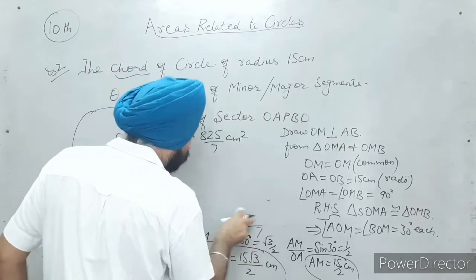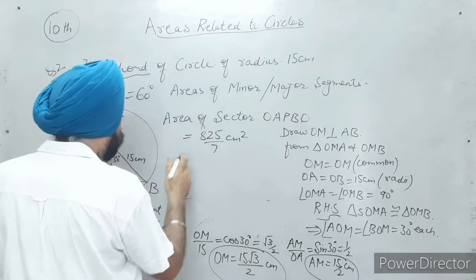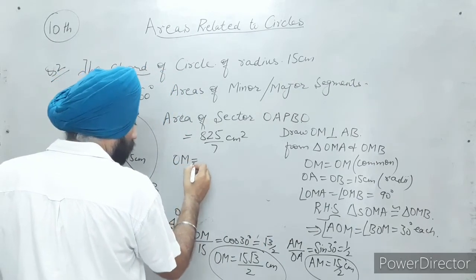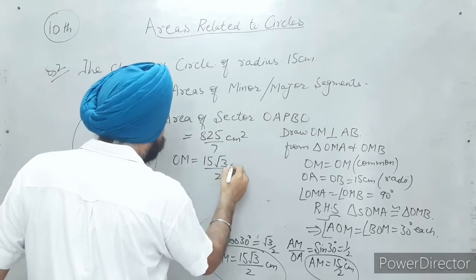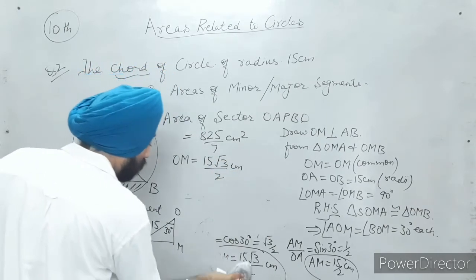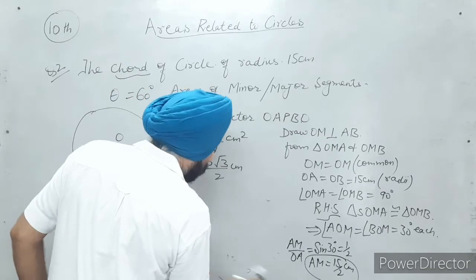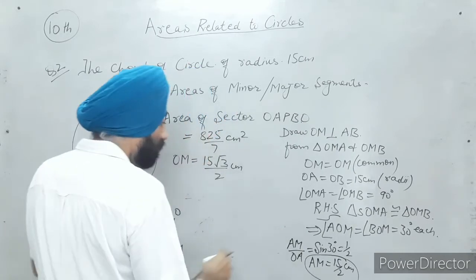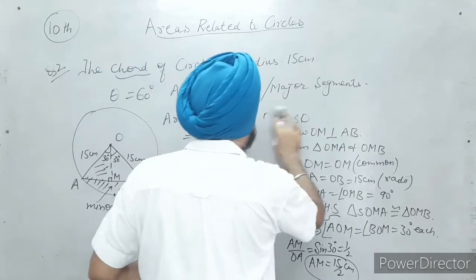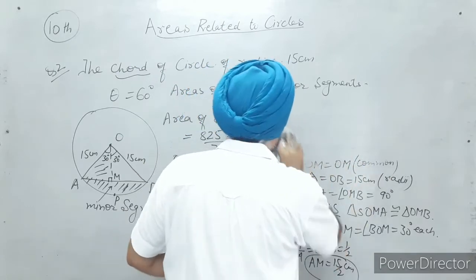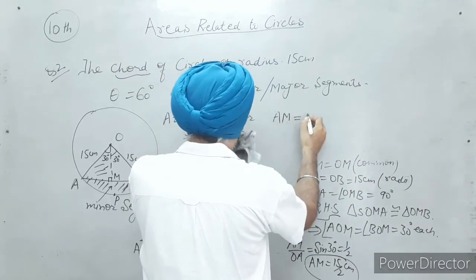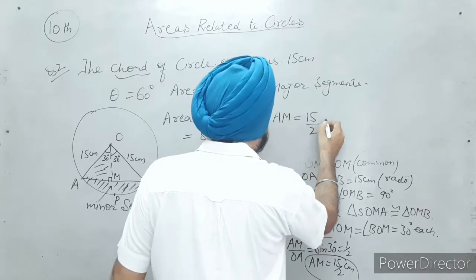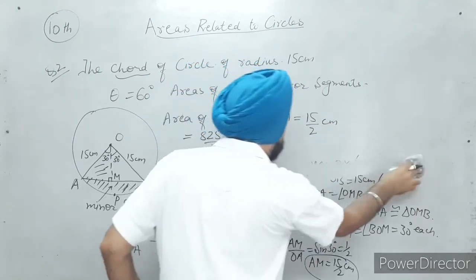Now, I have the value of OM as 15 root 3 by 2 centimeters, and the value of AM as 15 by 2 centimeters.